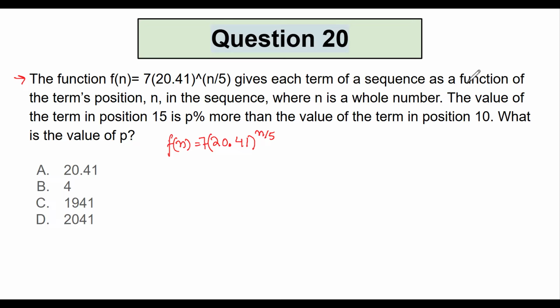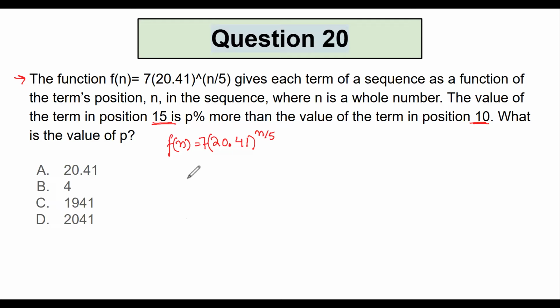It gives each term of a sequence as a function of the term's position n in the sequence, where n is a whole number. The value of the term in position 15 is p% more than the value of the term in position 10. What is the value of p?